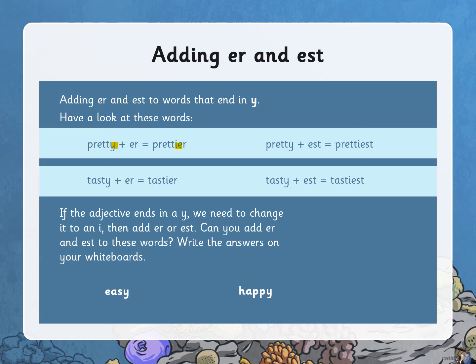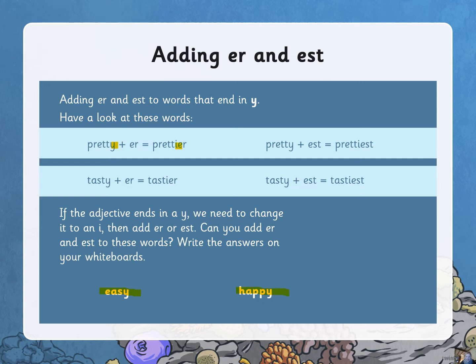If the adjective ends in a y, we need to change the y to an i. It's the same rule as adding ed as a suffix. We change the y to an i, and then we add, in this case, er or est. It doesn't roll off the tongue as greatly as the other one. Let's have a look at the words at the bottom. We've got easy and happy.